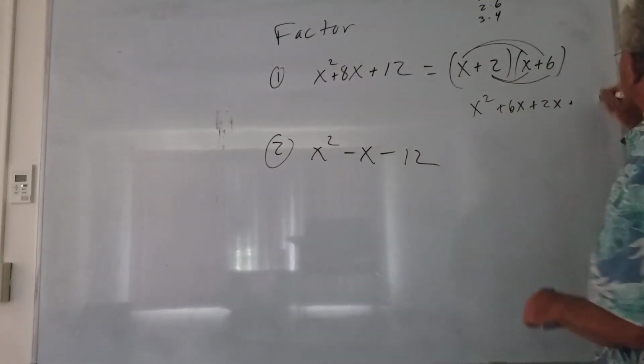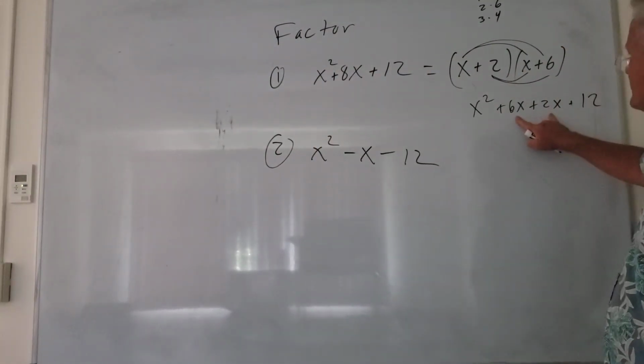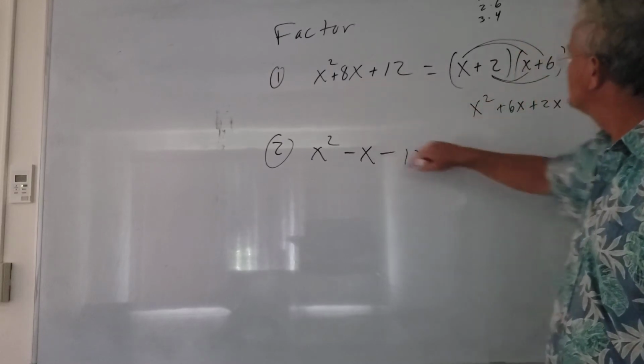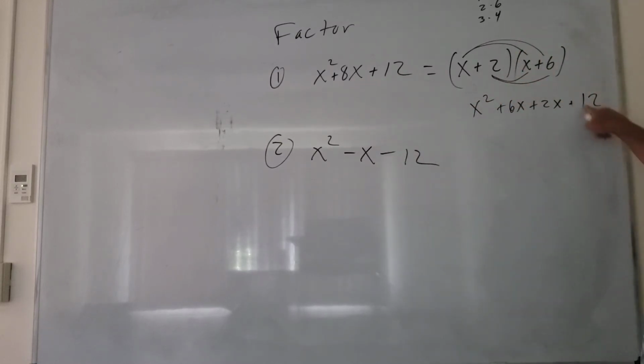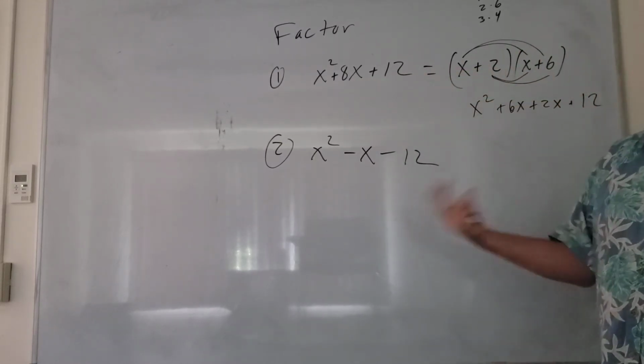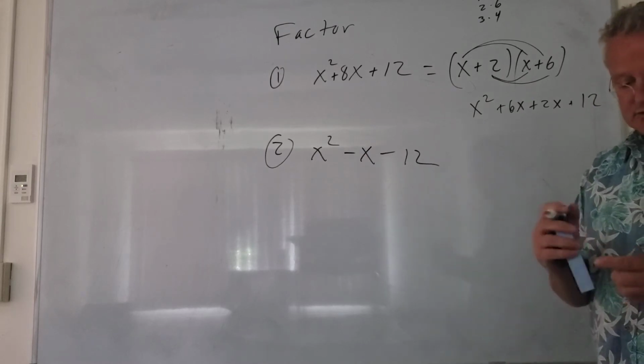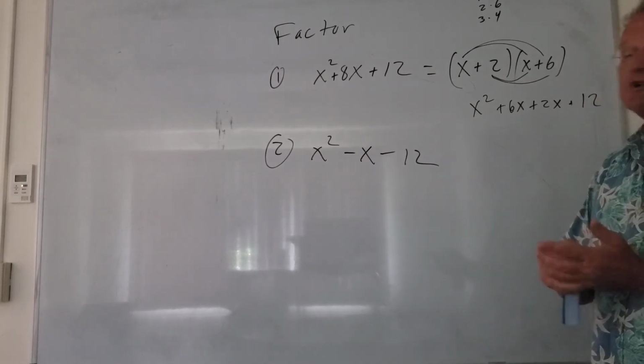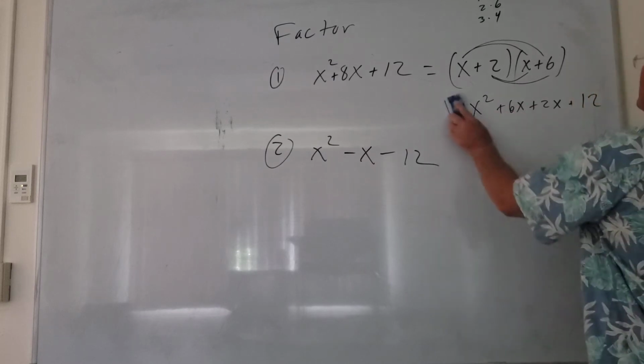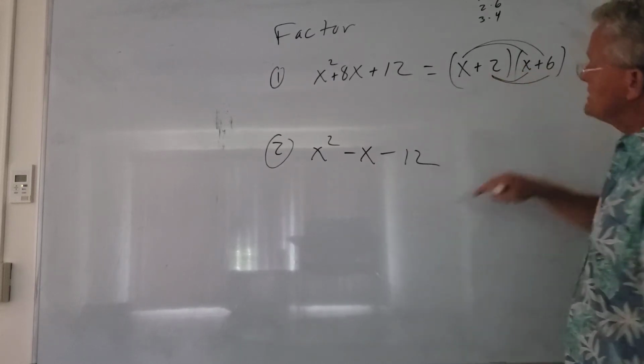But notice, when I add those two numbers, I get this. When I multiply those two numbers, I get this. So that's the reason why the approach we're using works. Okay, so x plus 2 times x plus 6.